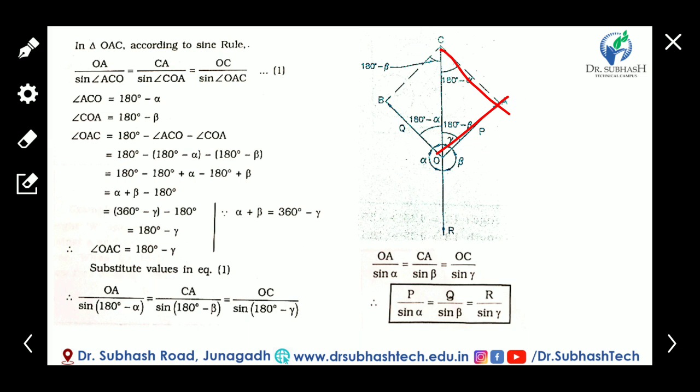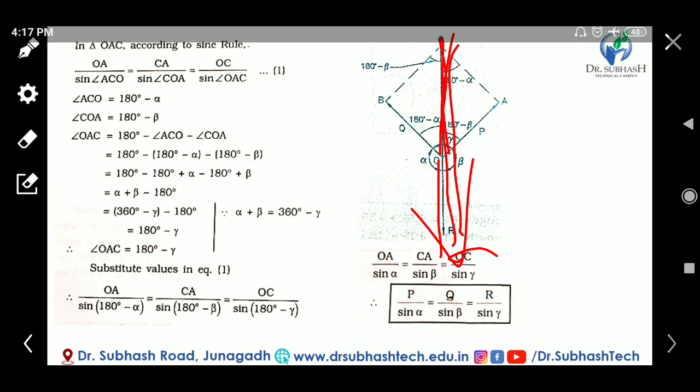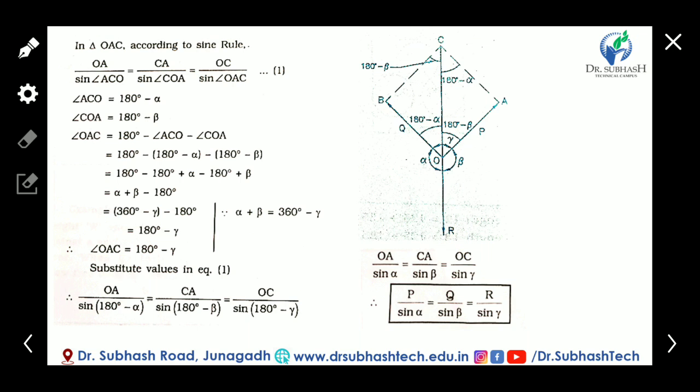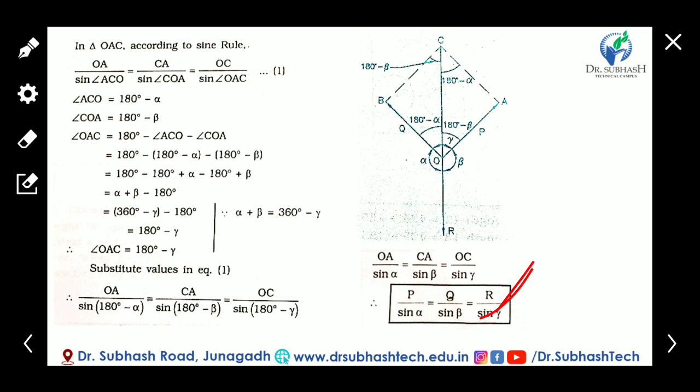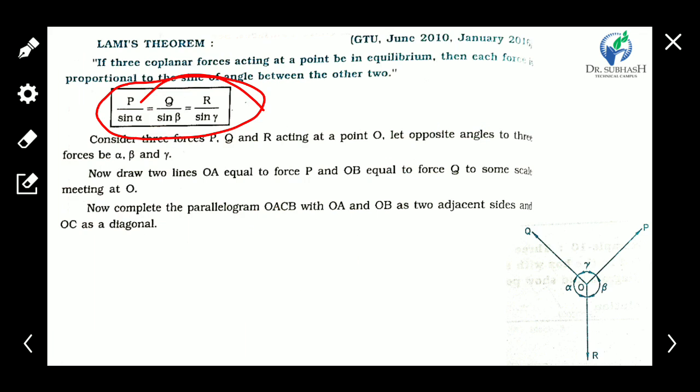CA is the same size as Q, the Q force, and OC is the same length, or we can say directly, this is the R force. So this is the equation of Lami's theorem, or relation of Lami's theorem. Hence it is proved that this is applicable in all situations when three forces are acting simultaneously on the same point.